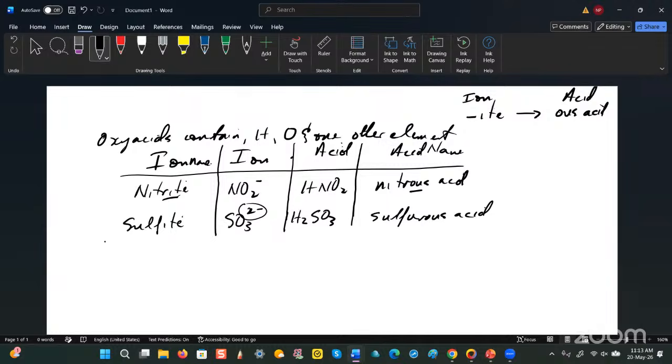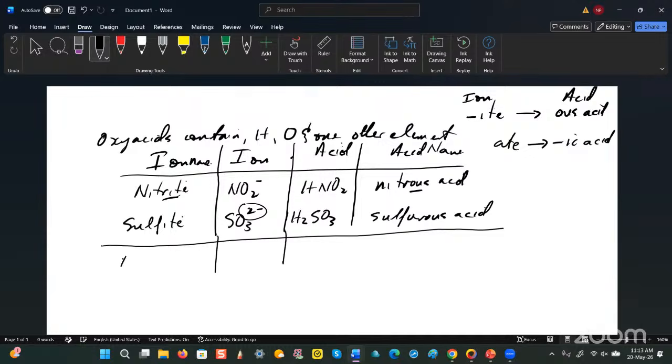Now, there's another type of oxyacid, let me just draw a line here, whose ion names end with ATE, right? When that happens, the name of the corresponding acid will end with ic acid. All right? So let me give a couple of examples here. This ion, NO3-, the name of this ion is a nitrate ion.